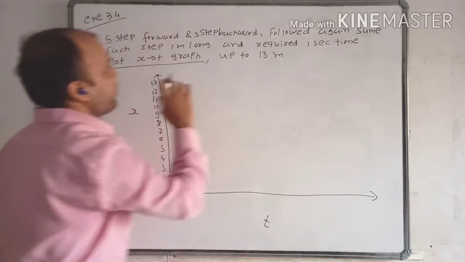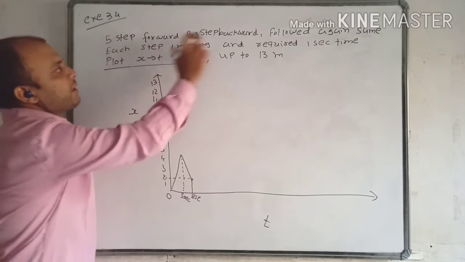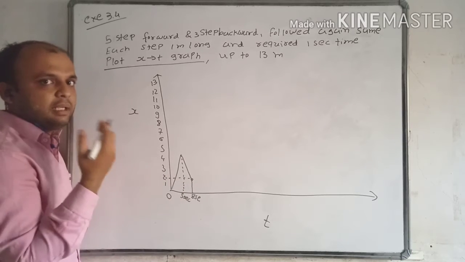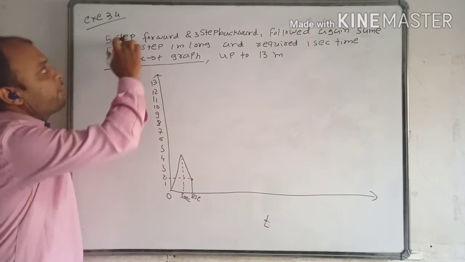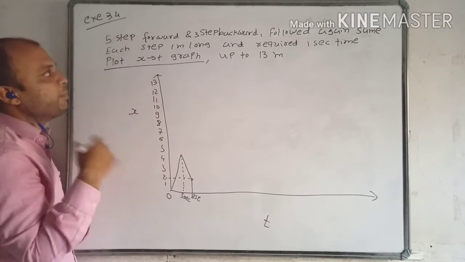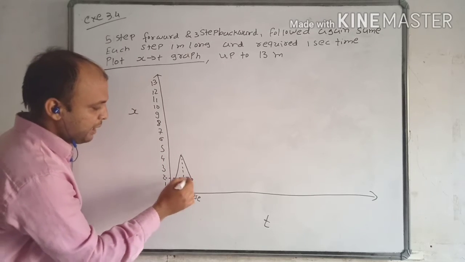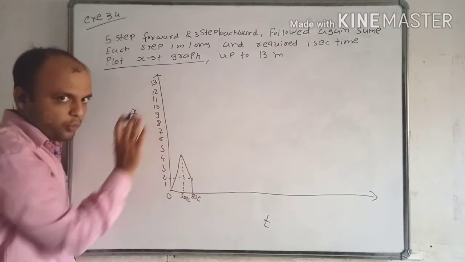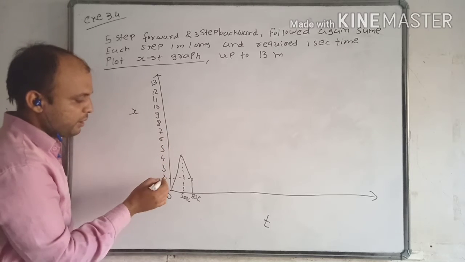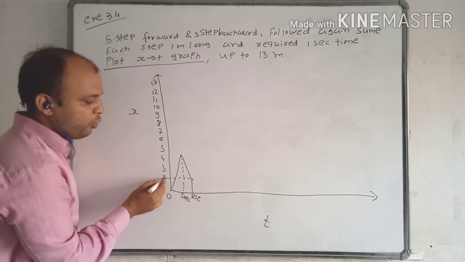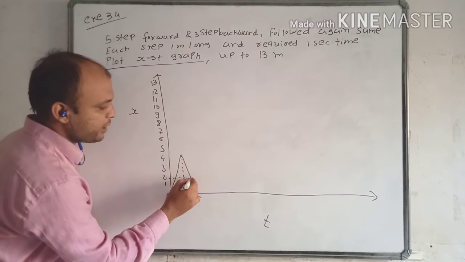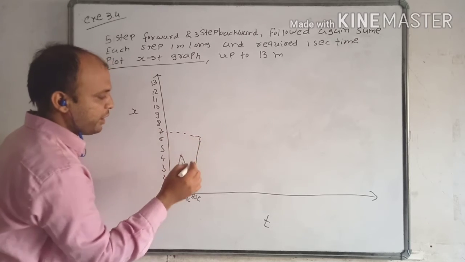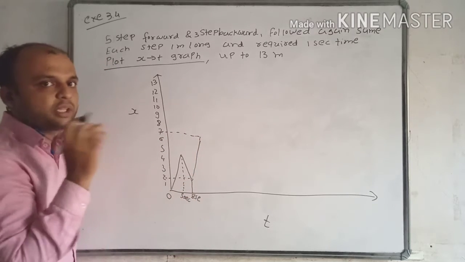After that he follows again, that means he is doing these conditions continuously. On reaching 2 meters, he continues his first condition, walking 5 steps again. From 2 meters he starts walking forward up to 5 more meters, so he reached 7 meters. How much time did he require?